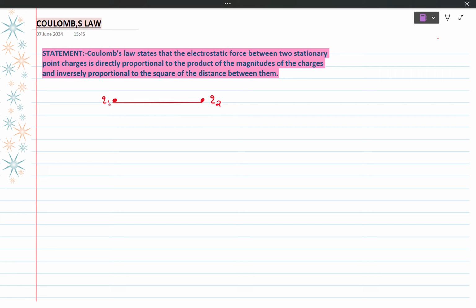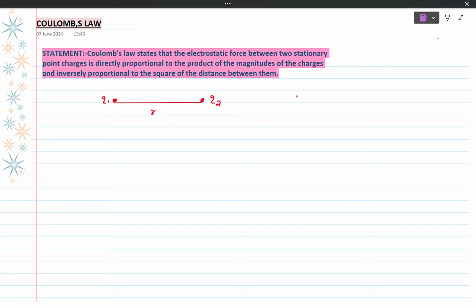See, here we consider two charges Q1 and Q2, and these two charges are separated by a distance r. The electrostatic force between the two charges Q1 and Q2 is directly proportional to the product of the magnitudes of the charges.